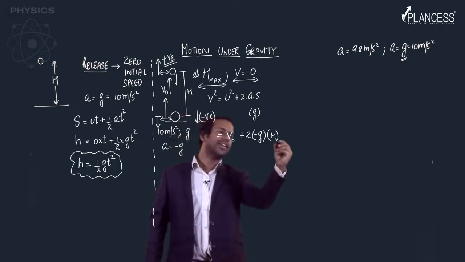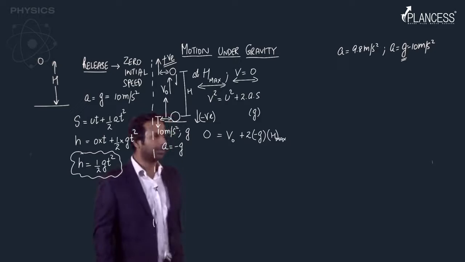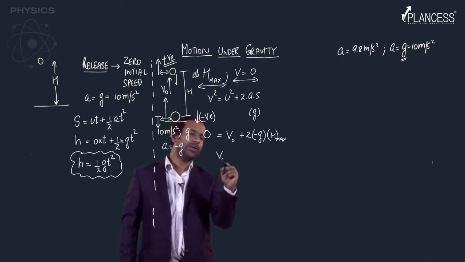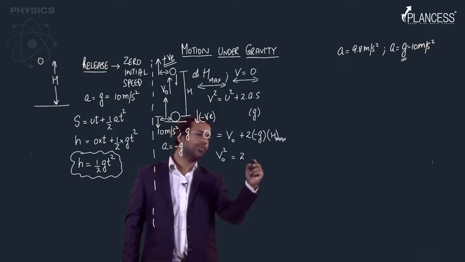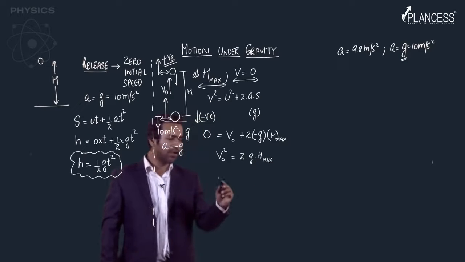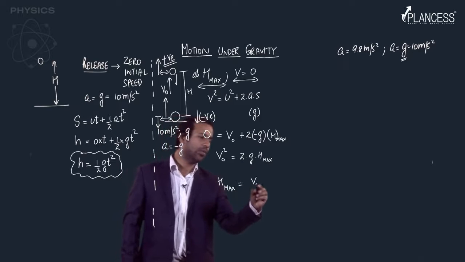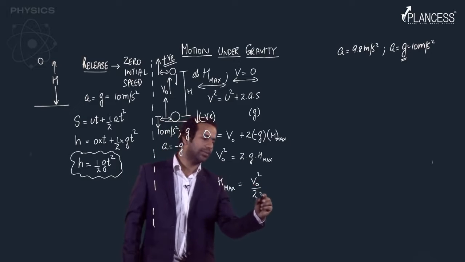So this height is h max and correspondingly the final speed is 0. So you get that v naught square is equal to 2 into g into h max, which gives you your final result that h max is equal to v naught square by 2g.